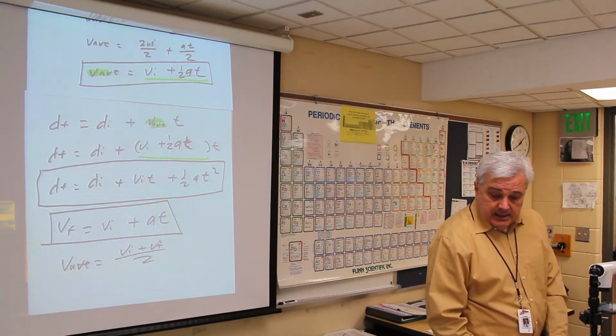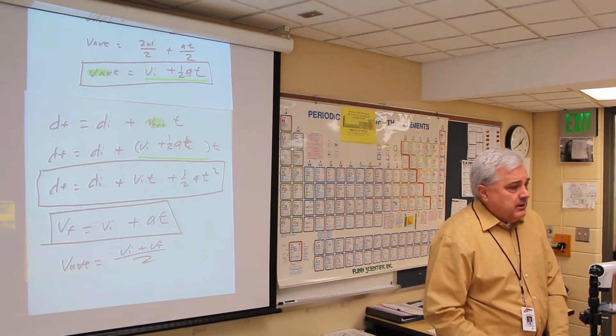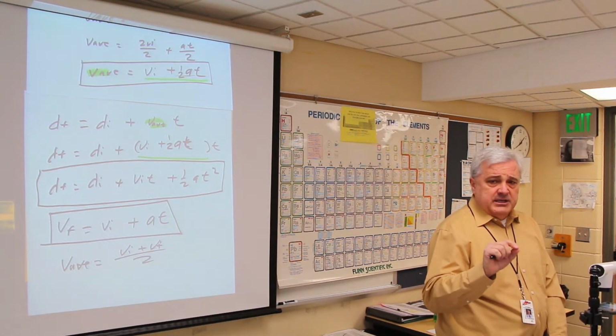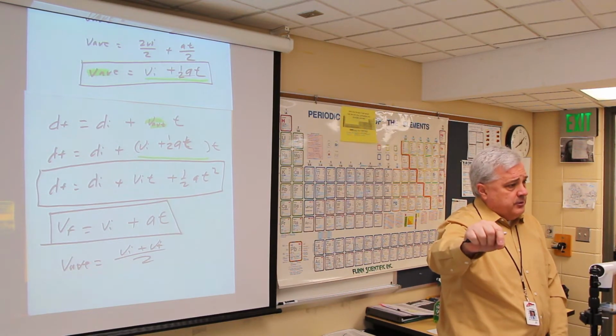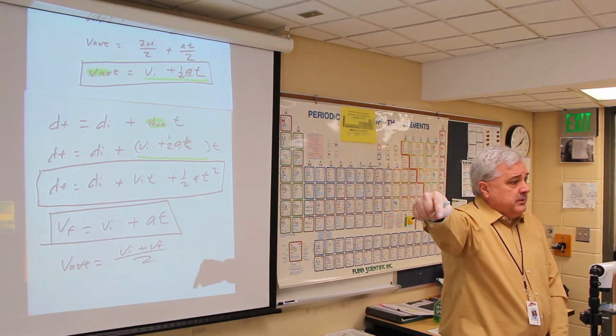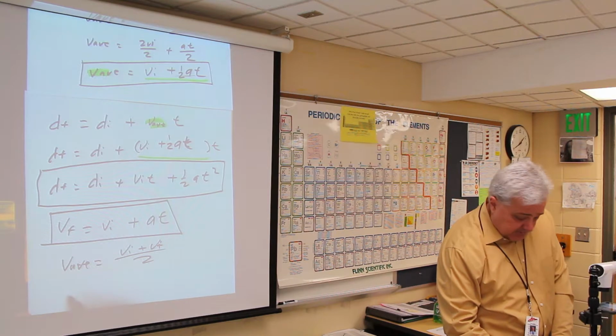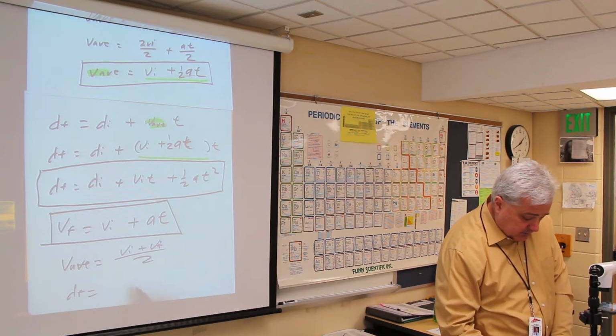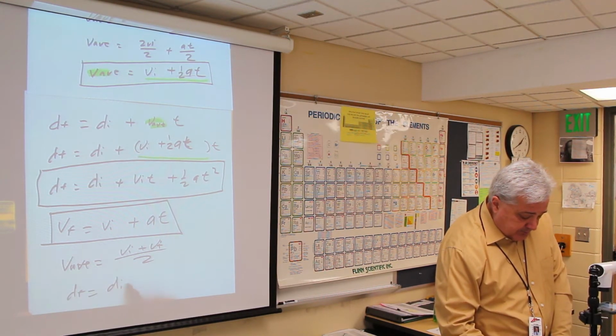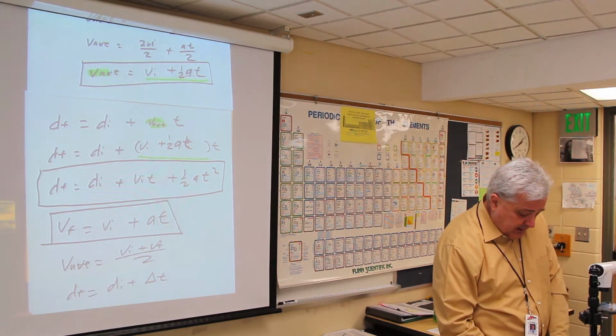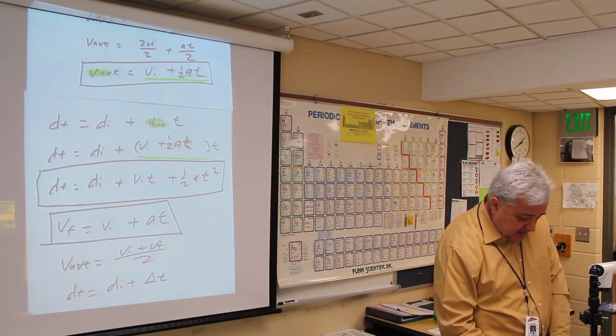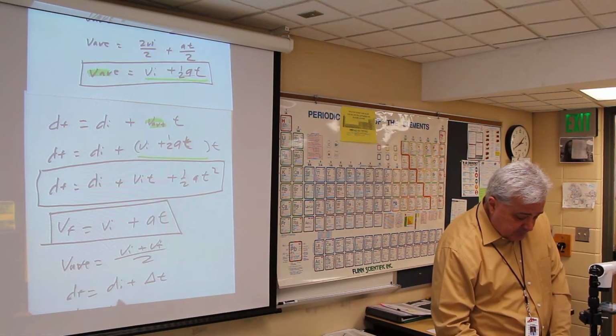And rarely you'll be given something that is a distance from the reference point and it moves 10 more meters. So then you could have d sub f equals di plus delta d. And the same case with velocity: V sub f equals vi plus delta v.